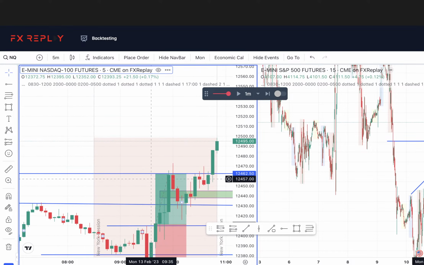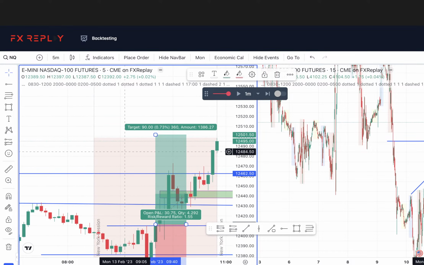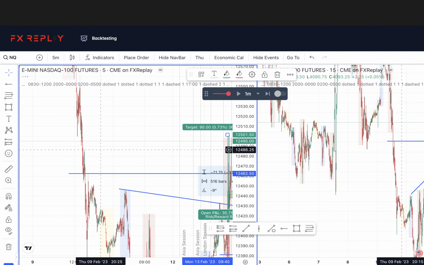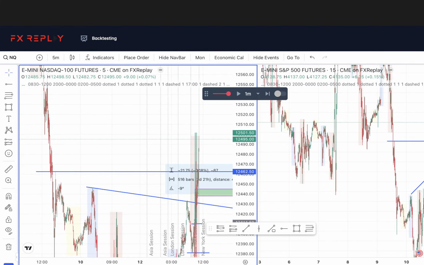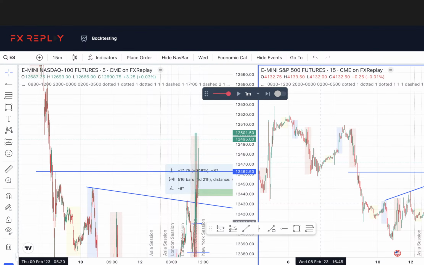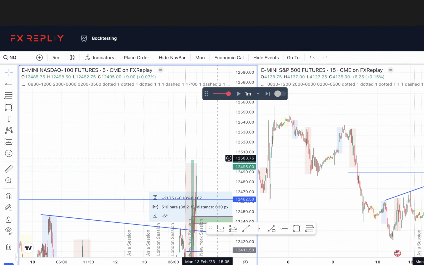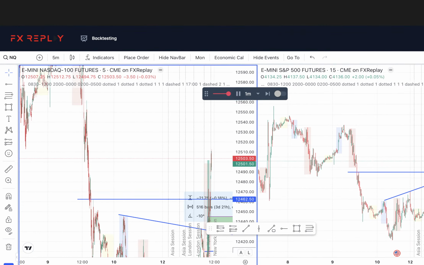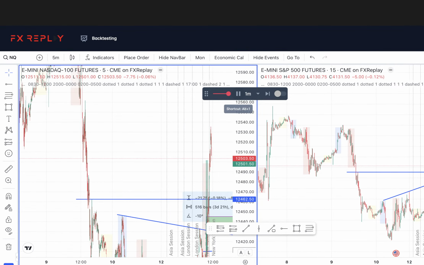It's still a 1-to-1 though. Like, what other liquidity is there? Man, let's see. It could just keep going. Yeah, it just kept going that day.